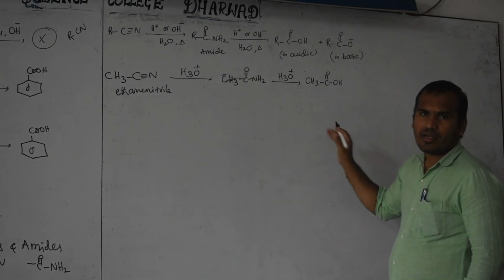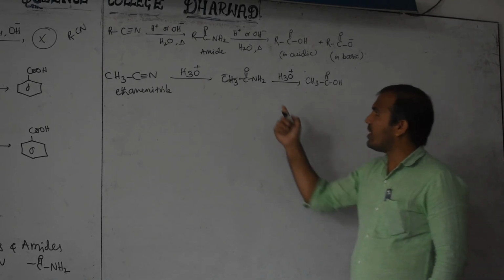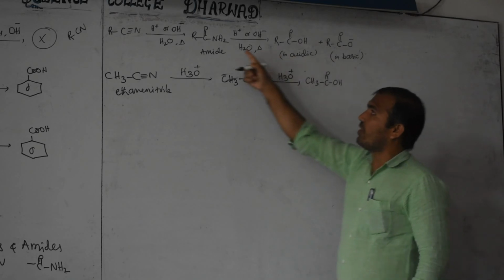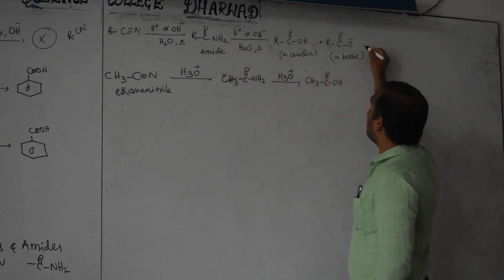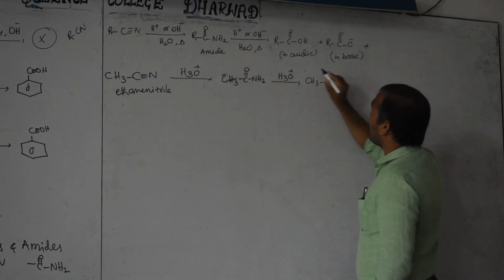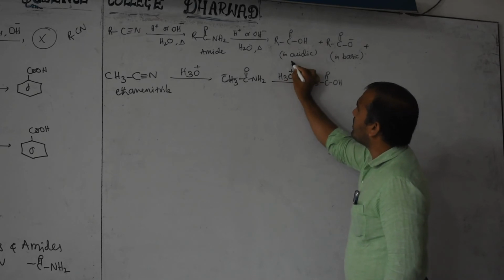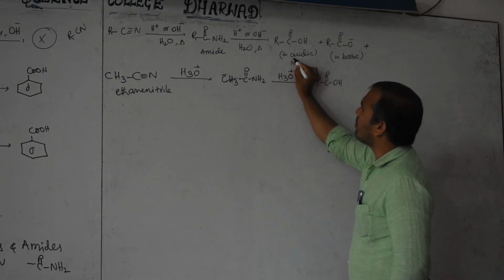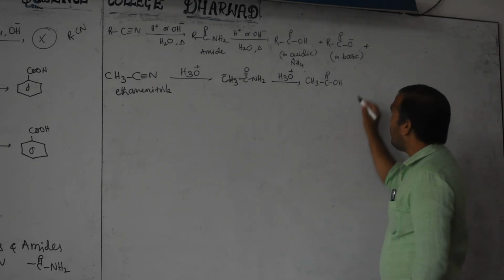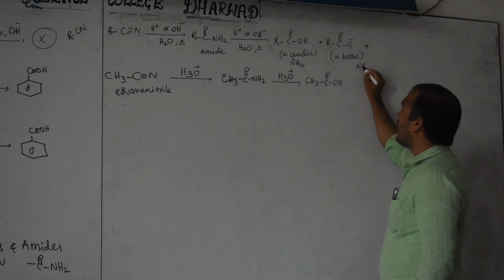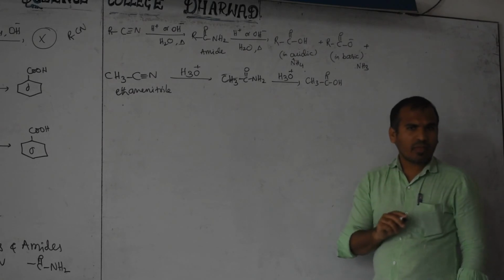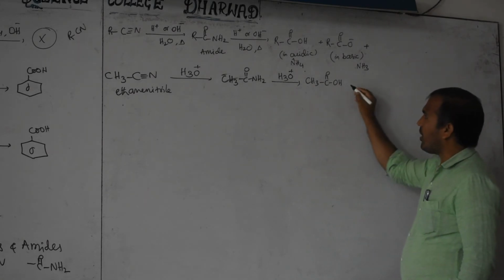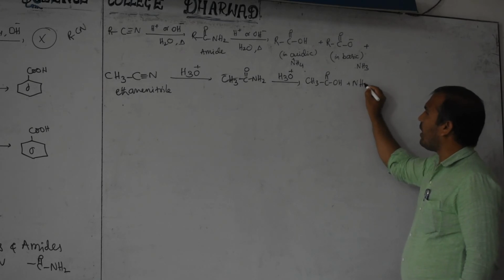This is the product. Then you may ask about the byproduct, because nitrogen is there. In acidic medium the byproduct is NH4 plus. In basic medium the byproduct is NH3. Now with acidic medium, the byproduct is NH4 plus.